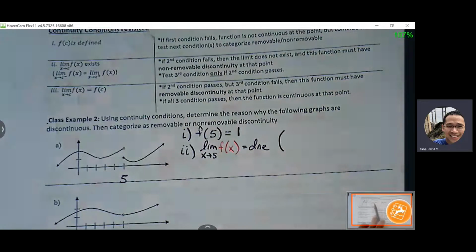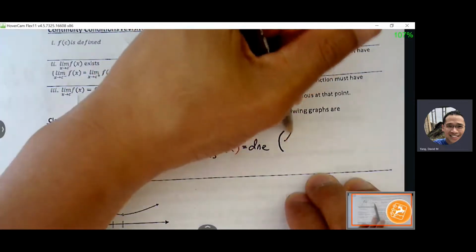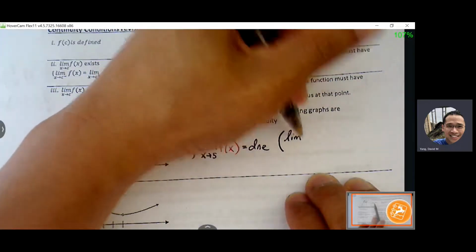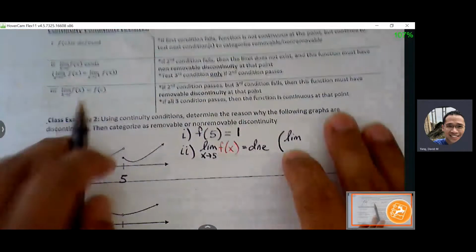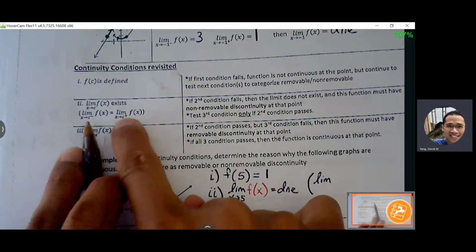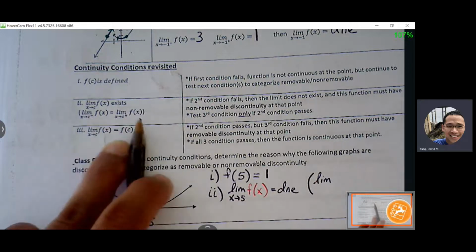And then to the side, we're going to justify it. We're going to say the reason why, because the one-sided limits are not in agreement. One's headed towards one y value, the other's headed towards a different y value. So you're just going to copy this down exactly. The only thing you're going to replace is that C with 5. That's all you're going to do. You're going to write it out exactly as you see it here.